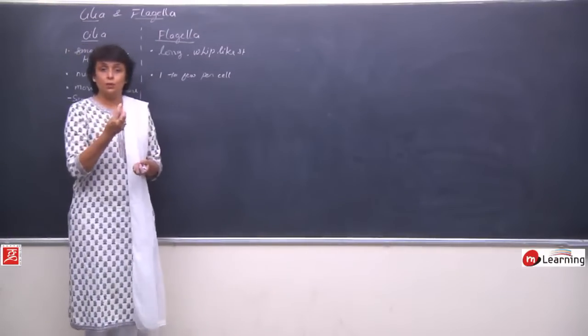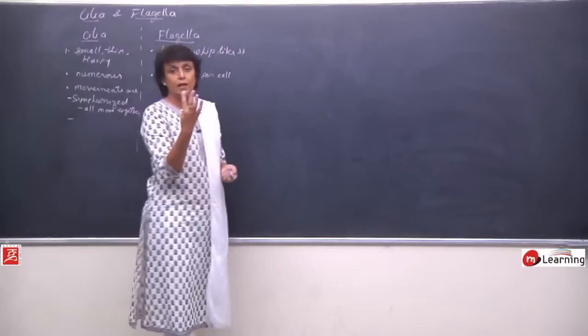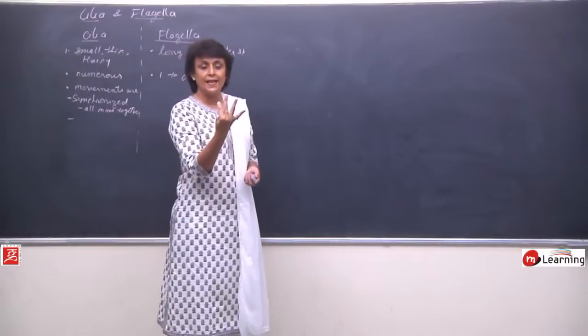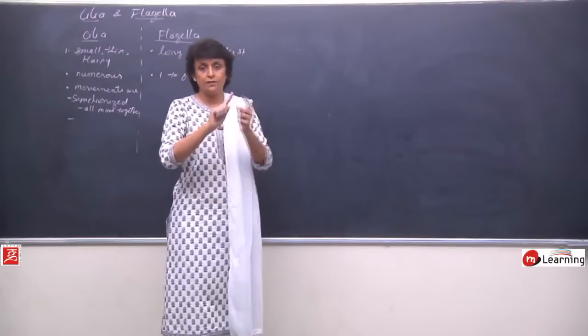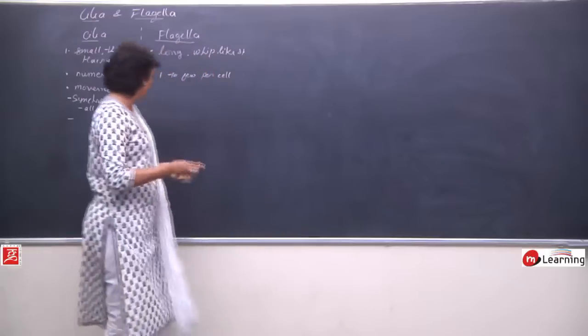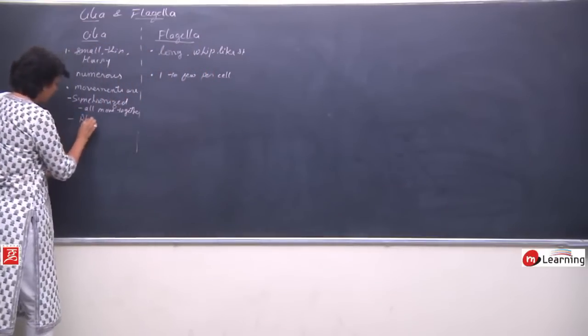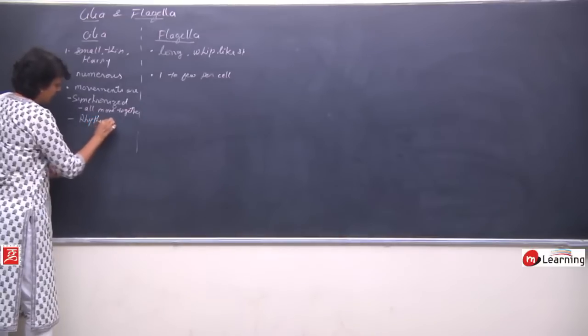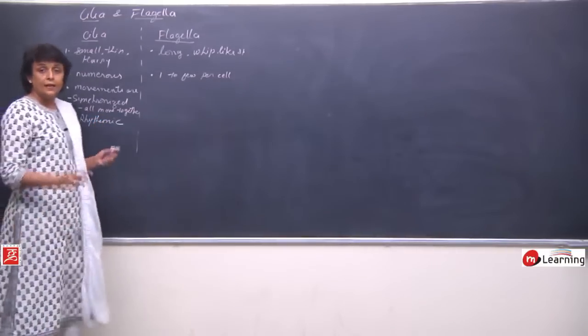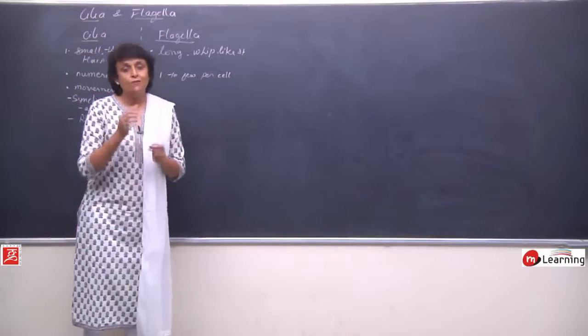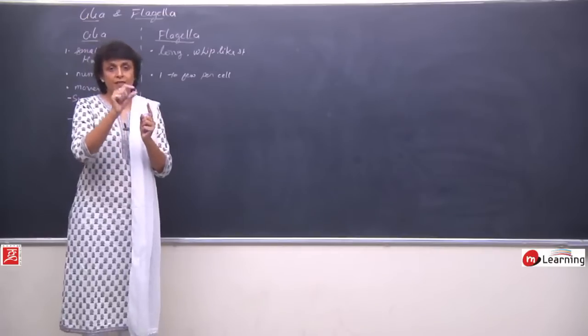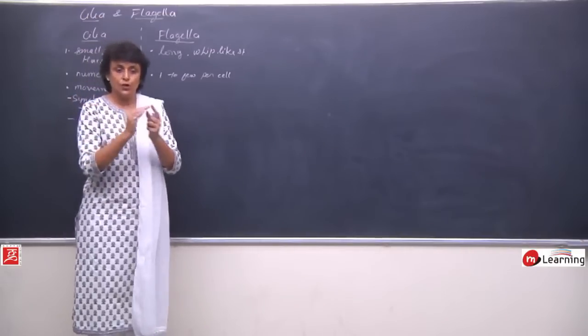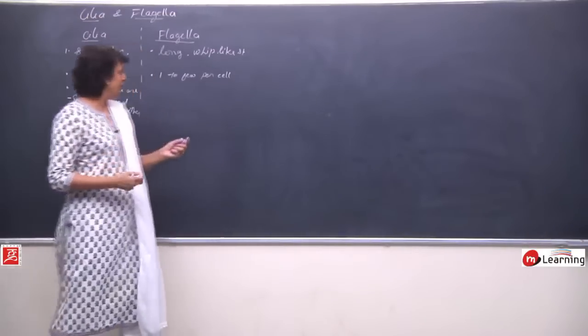Or it could be a rhythmic movement, that means if the same 4 cilia, this one moves first, then next, then next. So it's a sequential movement, where the first one moves, then the second, then the third. So it creates a wave kind of thing.